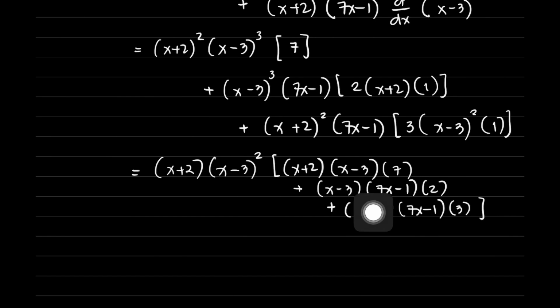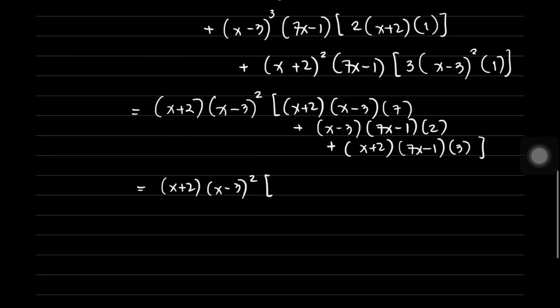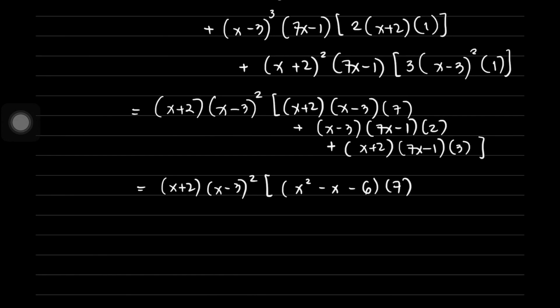So let us just simplify this one, expand this, so that we have (x + 2)(x − 3)^2 multiplied by [(x + 2)(x − 3)(7), so that is now equal to (x² − x − 6) multiplied by 7.